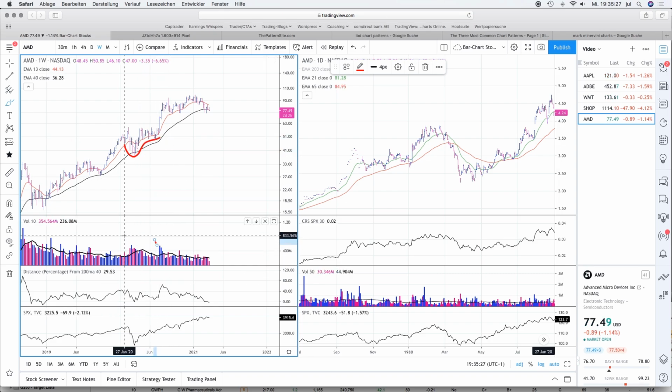So this is very easy and natural for me, but that's only because I practiced so much and I looked at so many charts and stocks that my brain learned that. And this is something you must also achieve, and you cannot do that by looking at books. You cannot do that by looking at YouTube videos.